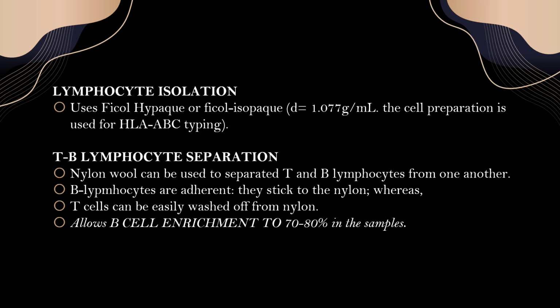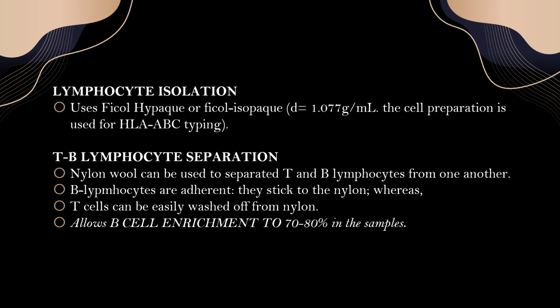The next procedure is the lymphocyte separation. In this procedure, nylon wool can be used to separate T and B lymphocytes from one another. Take note, class, that B lymphocytes are adherent because of their cell surface properties, and that's exactly why these B lymphocytes stick to the nylon, whereas T cells can be easily washed off from the nylon.